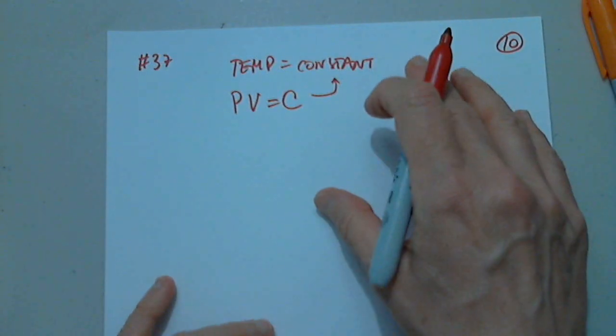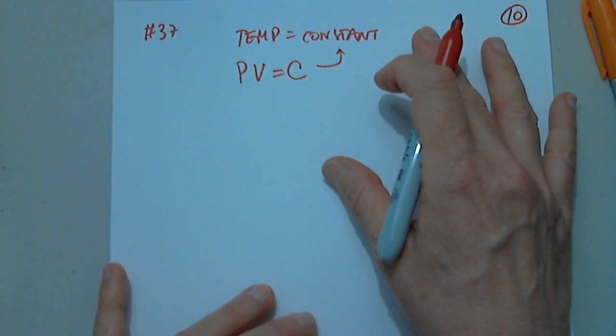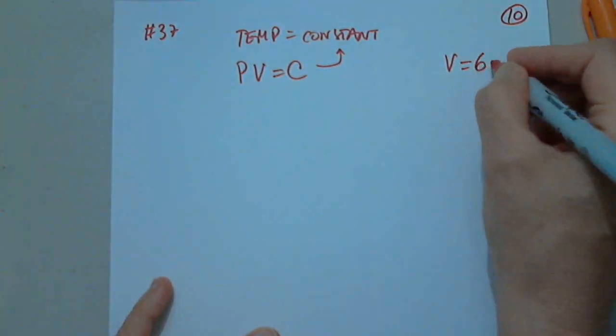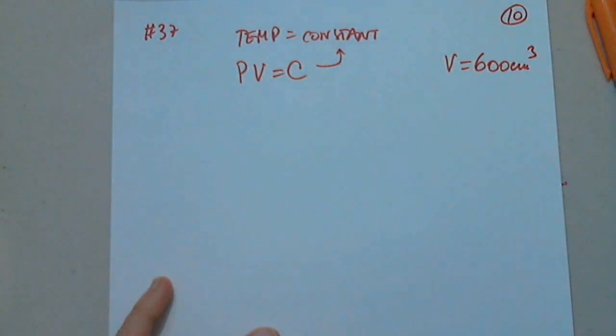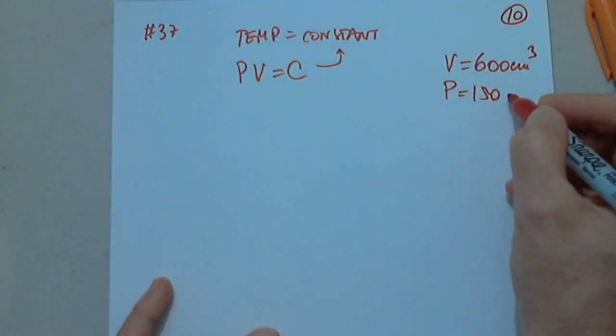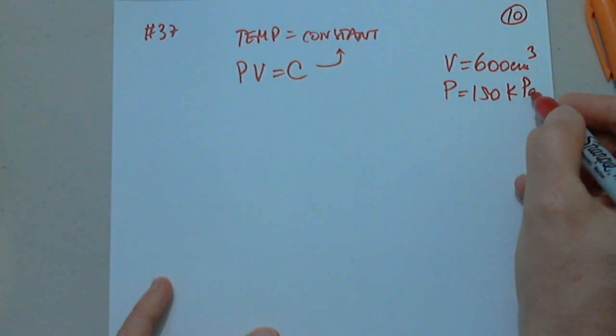Suppose that at a certain instant, and that's a trap, the volume V equals 600 cubic centimeters. The pressure P equals 150 kilopascals.